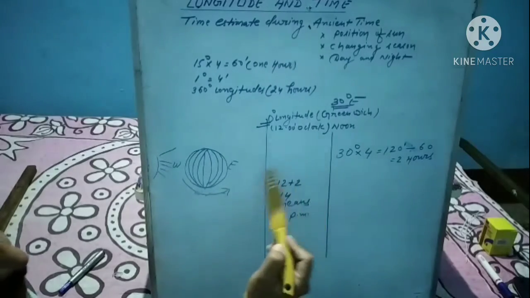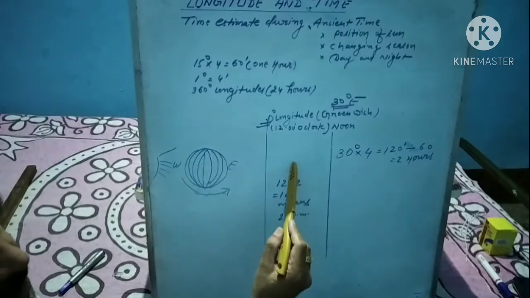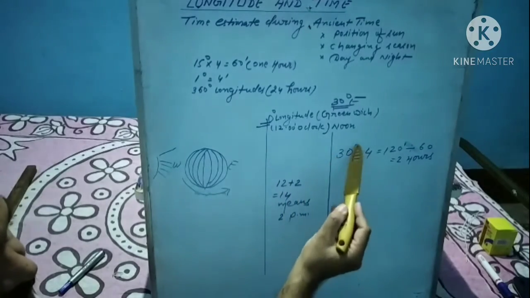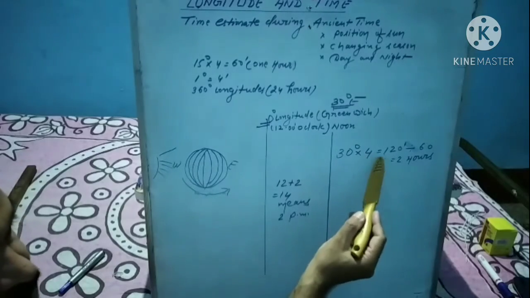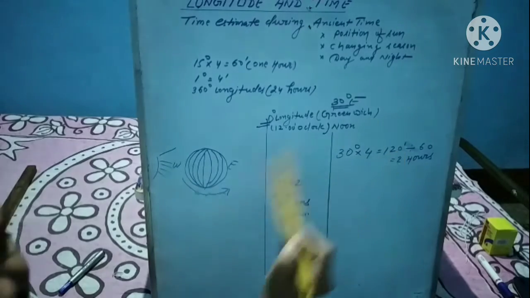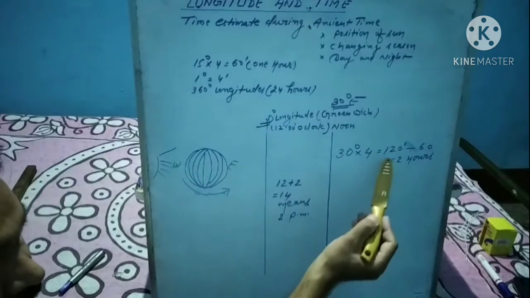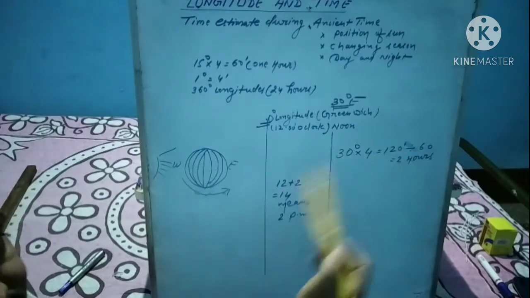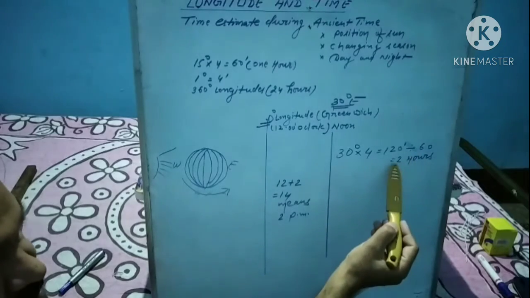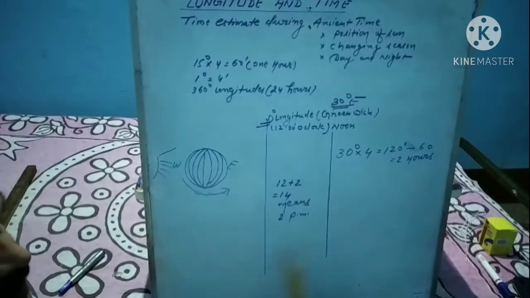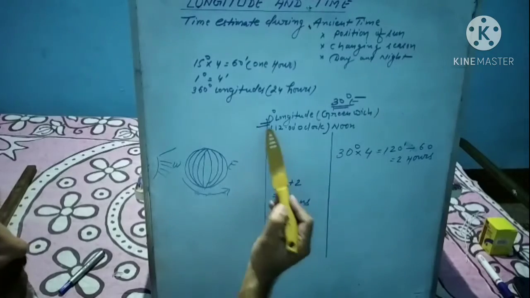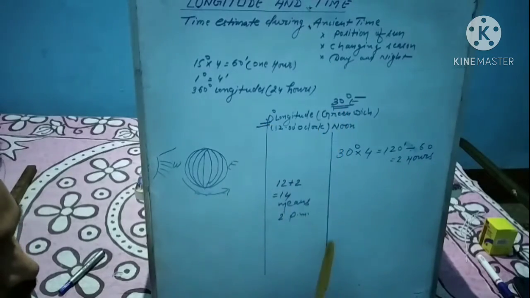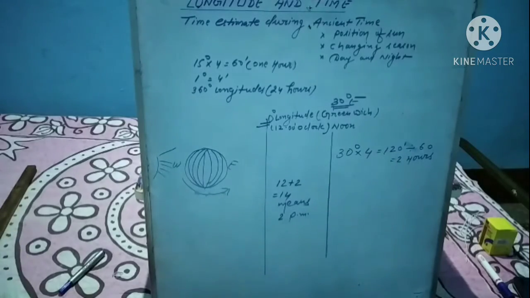If 1 degree is crossed within 4 minutes, so 30 degree multiply 4 is equal to 120 minutes. And minutes we can convert by dividing by 60. Then we receive 2 hours. It means the time lag between 0 degree longitude and 30 degree east longitude is 2 hours.